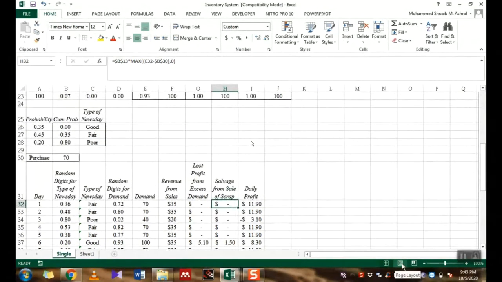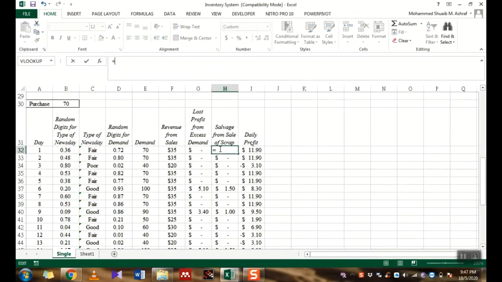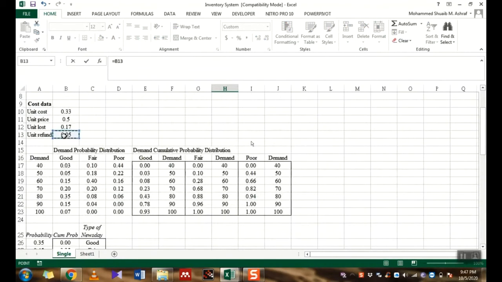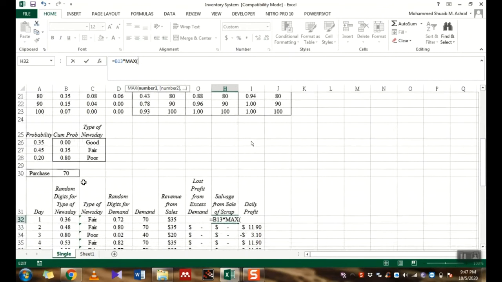We'll calculate salvage from scrap. So we'll apply the formula: unit cost return multiplied by maximum of 330 minus 332.